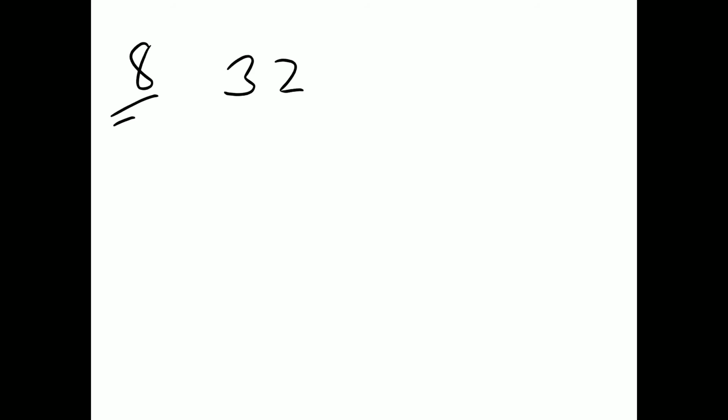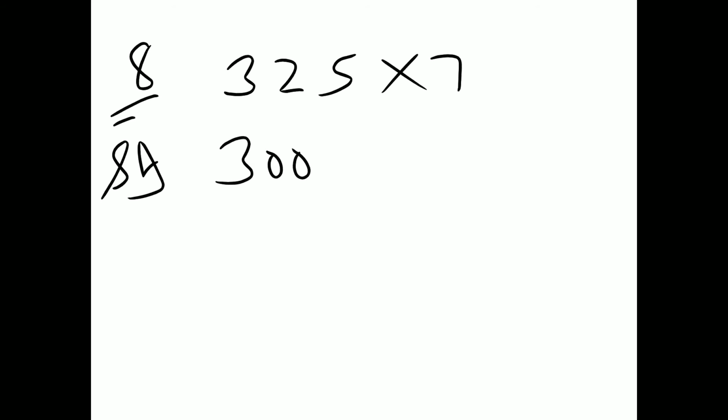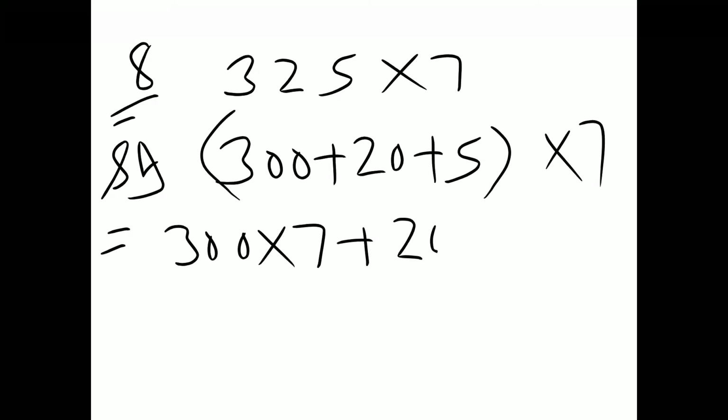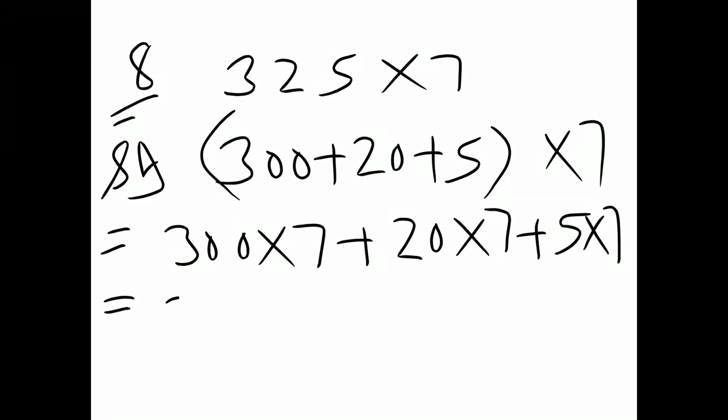Now 8th part. 325 into 7. Solution. 300 plus 20 plus 5 into 7. Multiply 300 into 7, 20 into 7, 5 into 7. 3 sevens are 21.